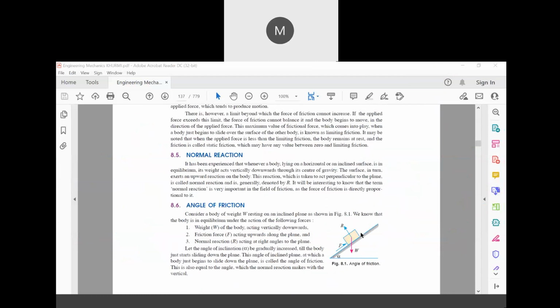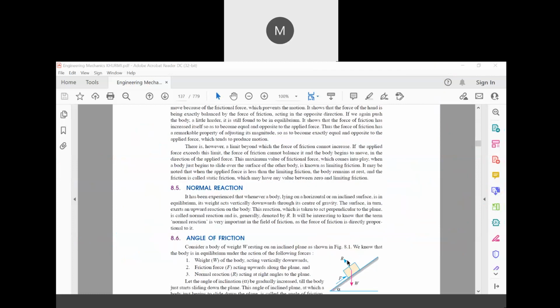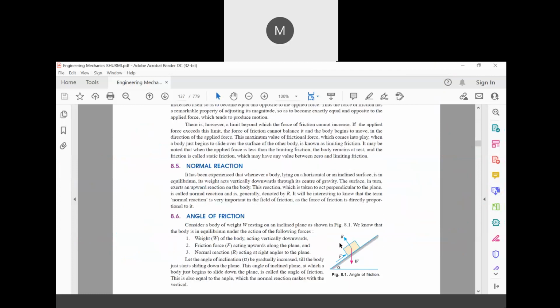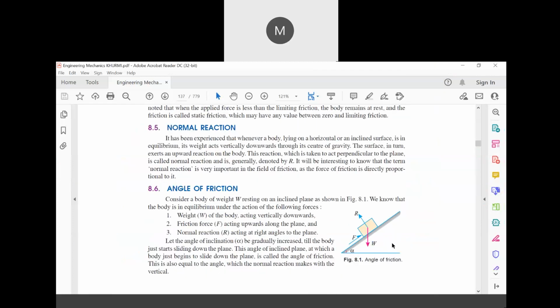If you can see in the diagram here, this is the plane surface.